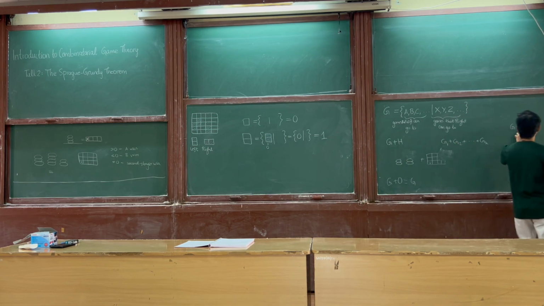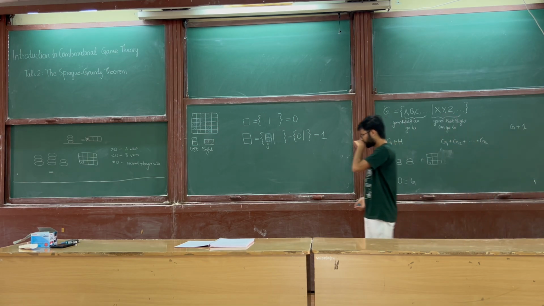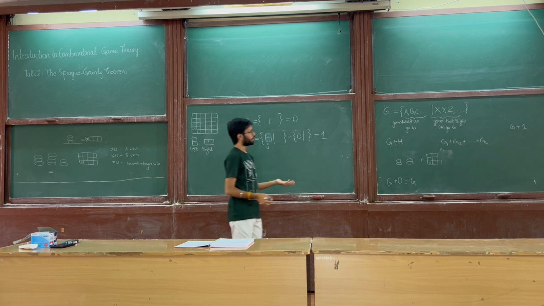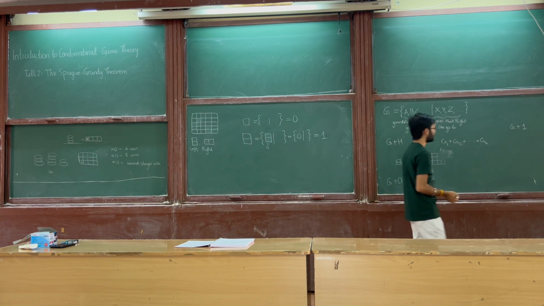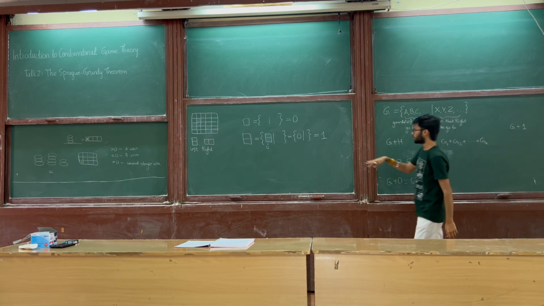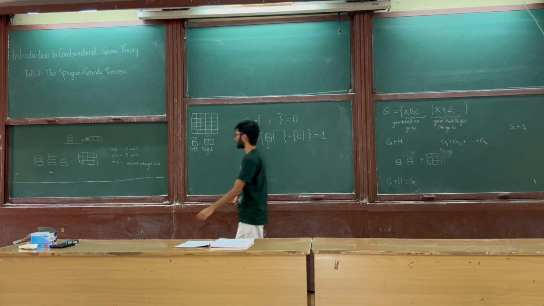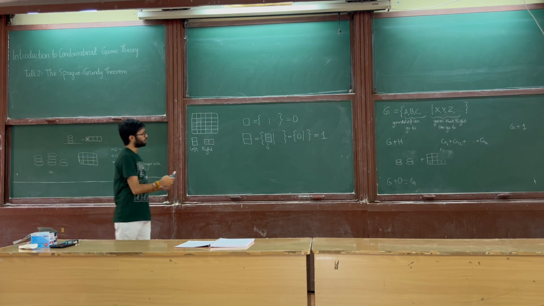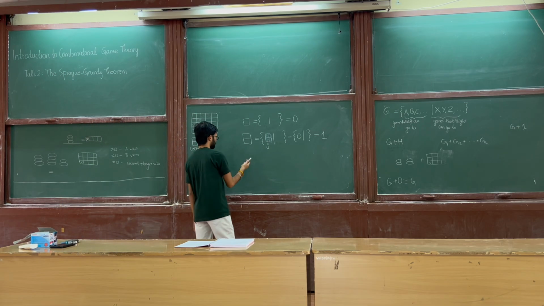So this 1 is like one free move for left that left can use at any point of playing g. It's like they are playing g, but with left having a pass move at any point. So I'll call it 1 because it's like left has a one move advantage over right, or left gains a one move advantage if this is added to something, which makes sense.